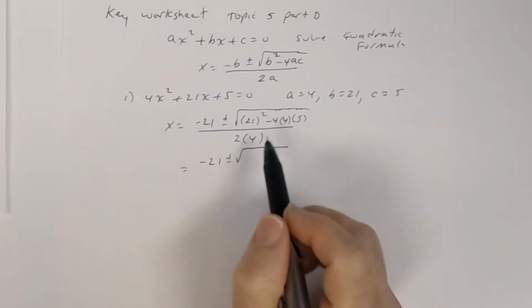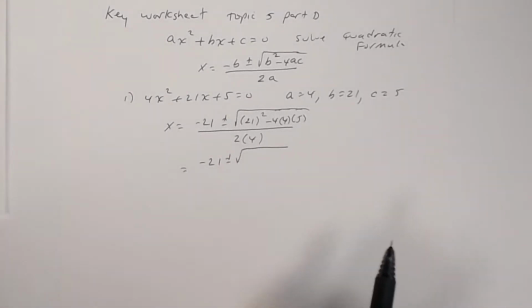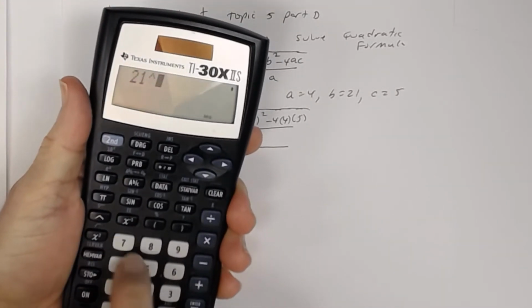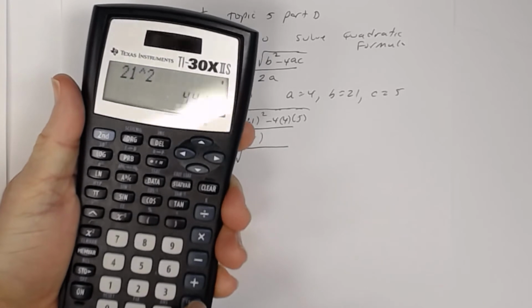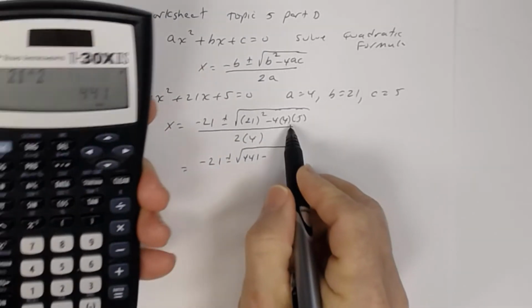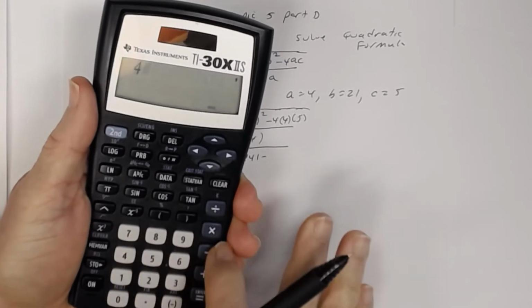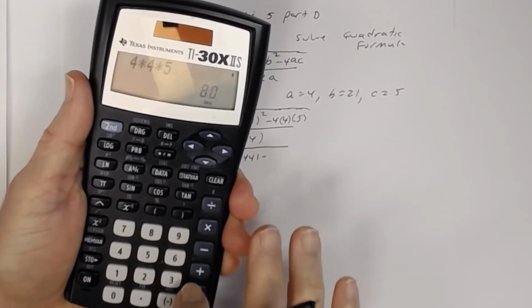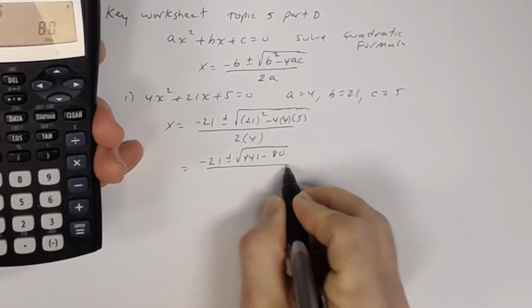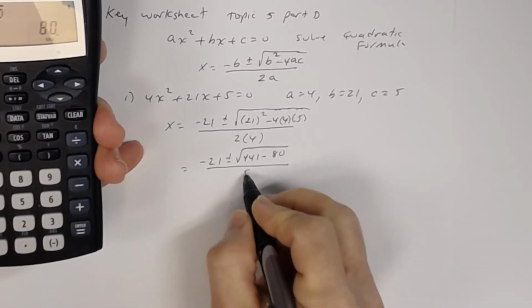So 21 squared, use your calculator if you need to, is 441. So I have 441 minus, and then 4 times 4 times 5, which equals 80. So 441 minus 80, all divided by 2 times 4, which is 8.